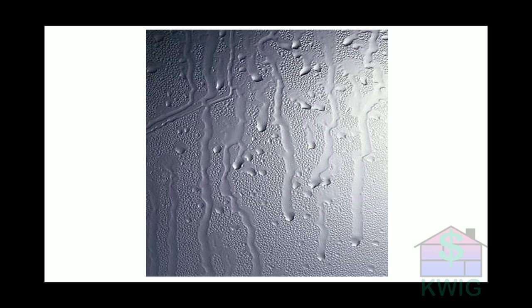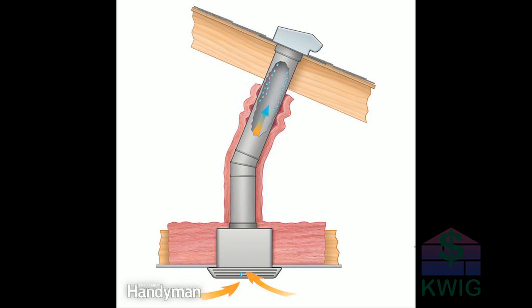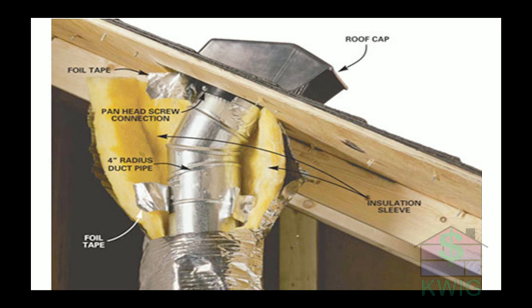In the winter, when warm, moist air hits cooler surfaces such as the metal of the vent stack rising through the attic, the moisture will adhere to the cooler surface and run back down to the source. This can happen on second-floor laundry vent stacks as well. Since you cannot remove the moisture from the air in the vent stack, you will have to insulate the stack to keep it warm enough so that moisture will not condense on it.